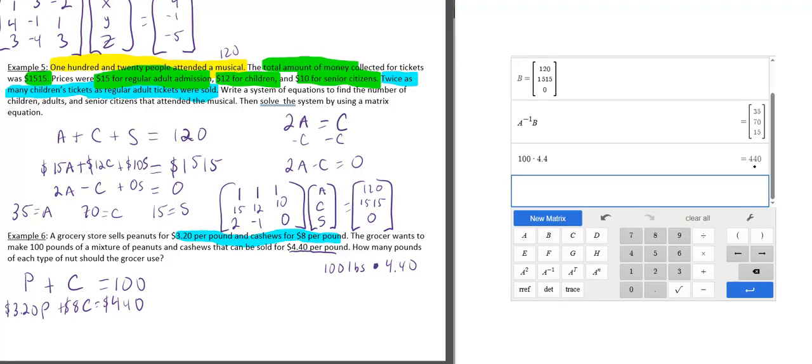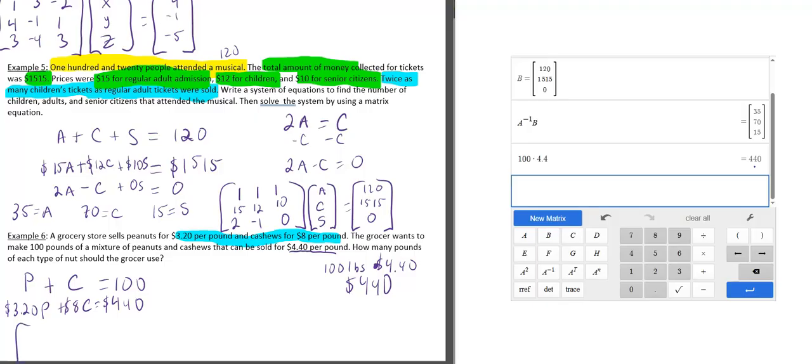So some pounds of peanuts and some pounds of cashews equals 100 pounds. And $3.20 per pound of peanuts, $8 per pound of cashews equals $440, or $4.40 per pound. So if you did the math on that, that'll give you $440 worth of nuts, or this mixture.